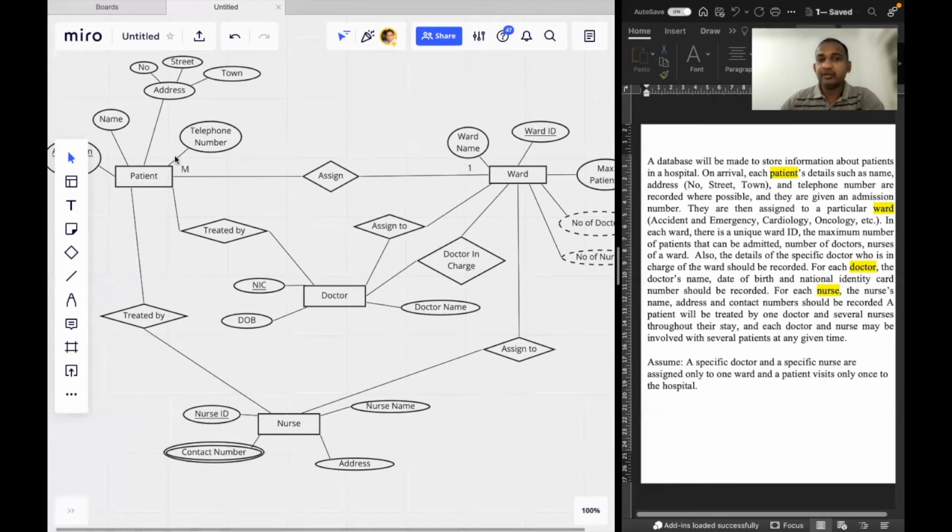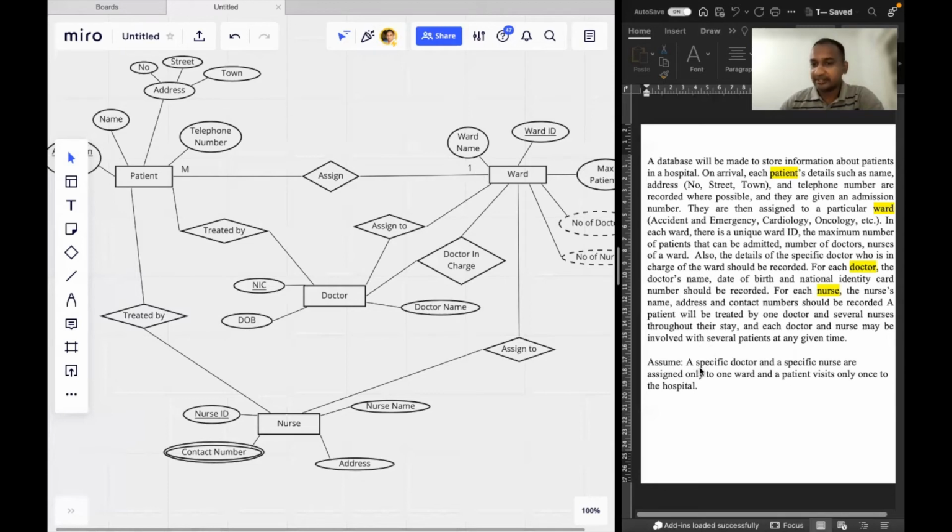So what is the meaning of this? One patient is assigned to only one ward. You may think that at a particular instance it is only one ward. If the patient arrives another day, that patient may be assigned to another ward, meaning there can be 2 or 3 wards.